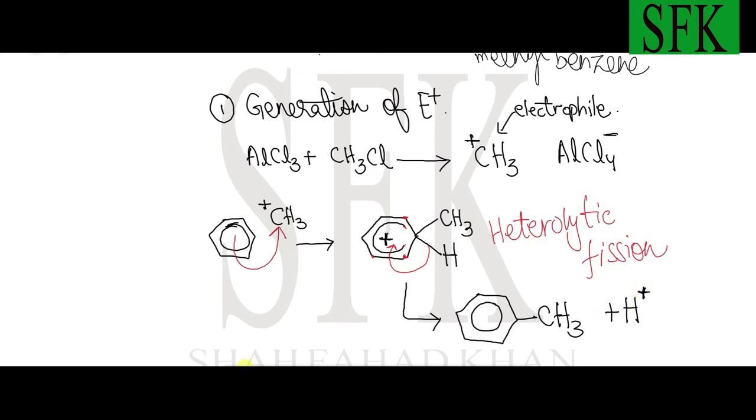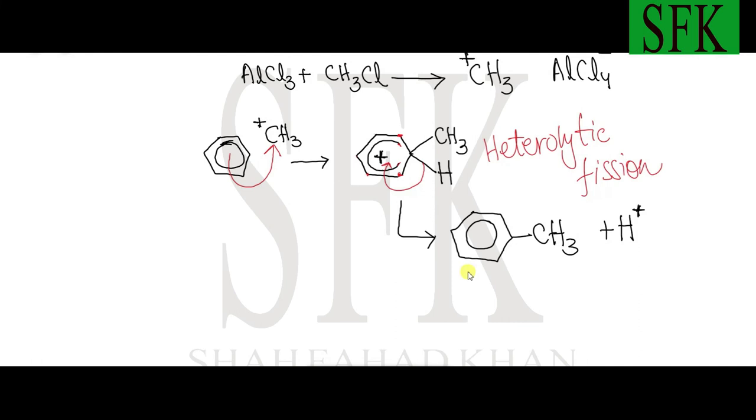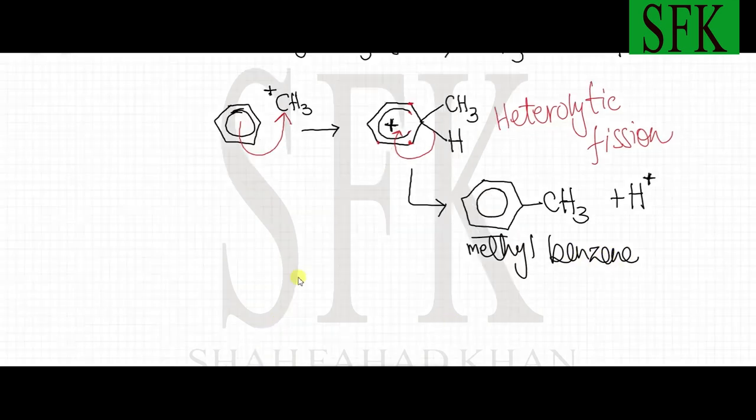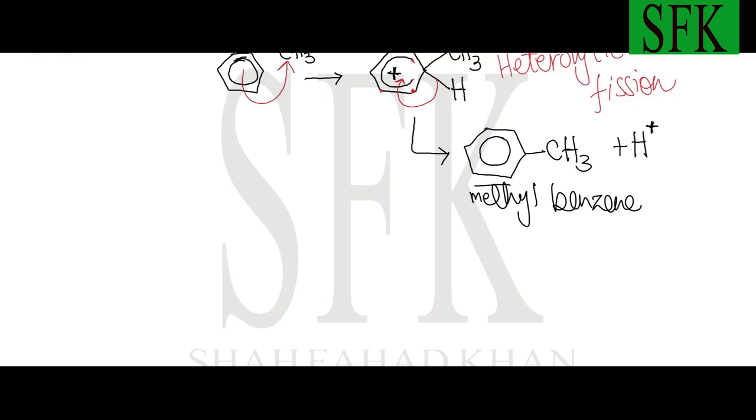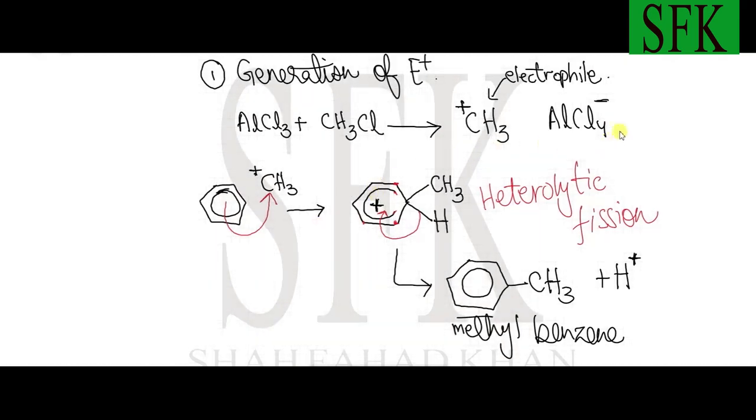Okay, so over here we have our major product, methylbenzene, and the H positive will combine with the AlCl4 negative that came as a byproduct while generating this electrophile.